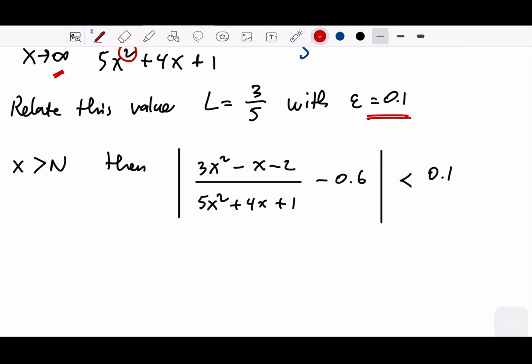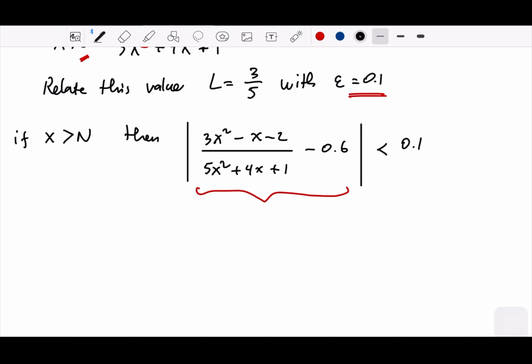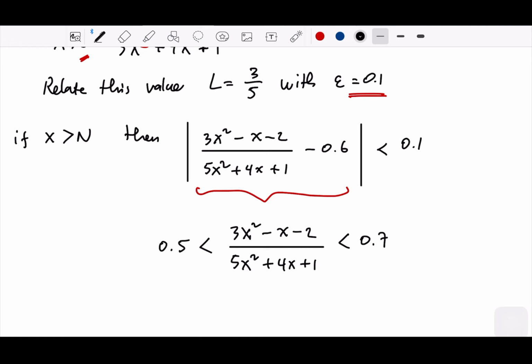So we expand this absolute value and write it in terms of inequality. Let me write the equation first. And this will be 0.7 and this will be 0.5, right?